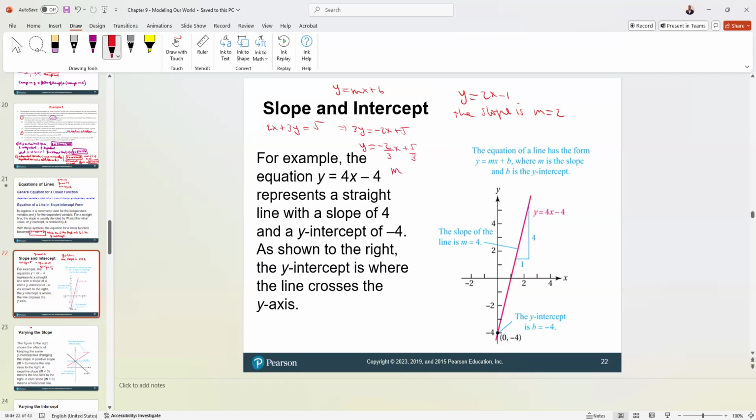So here, the slope is the coefficient of x, but only when it is written in the form y equals mx plus b. For example, we said the equation y equals 4x minus 4 represents a straight line with slope 4, because the coefficient here is the slope. Remember, this is the slope m equals 4.